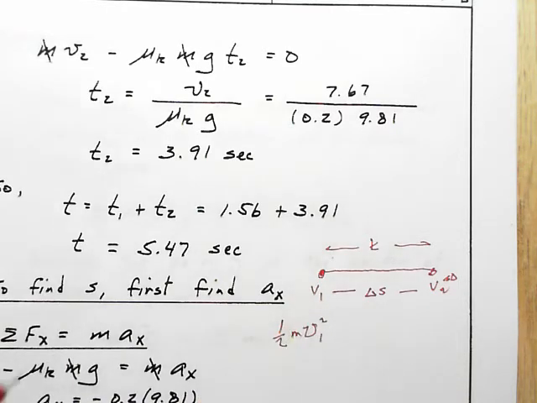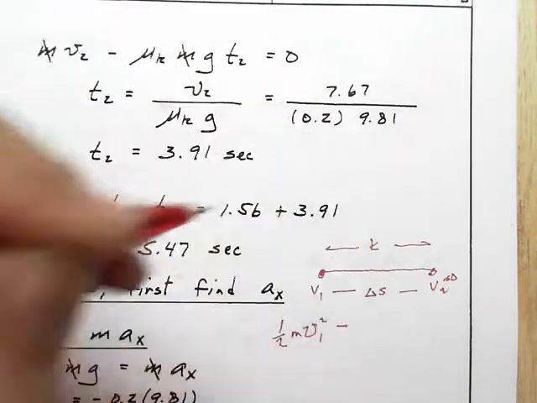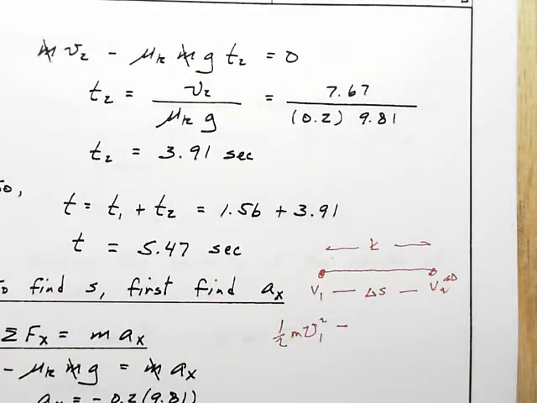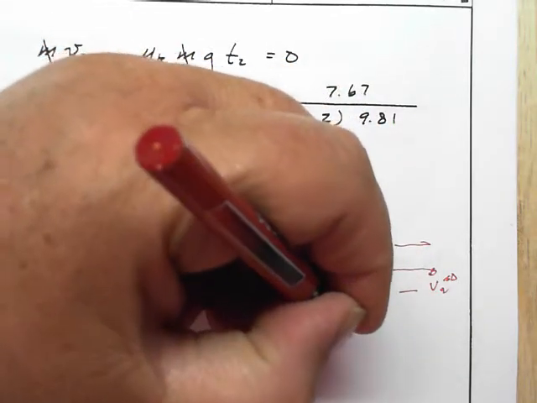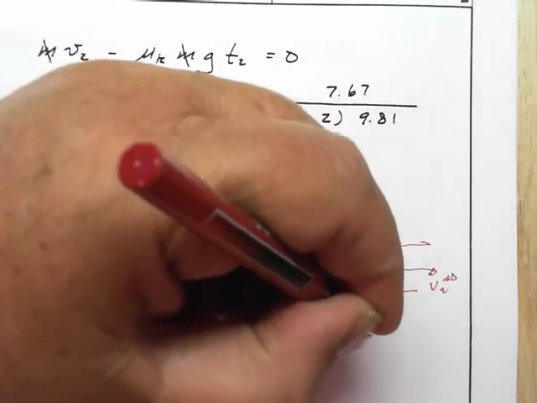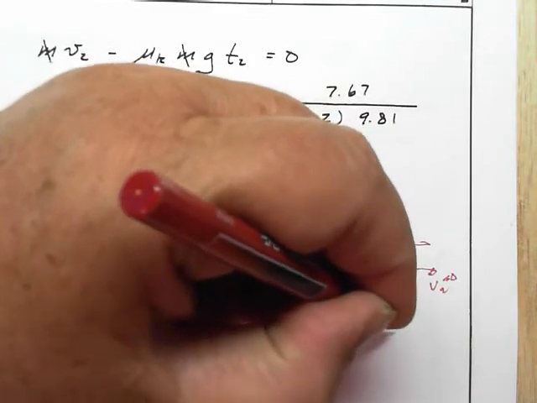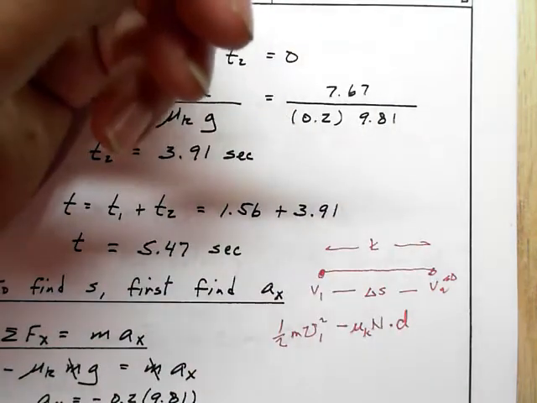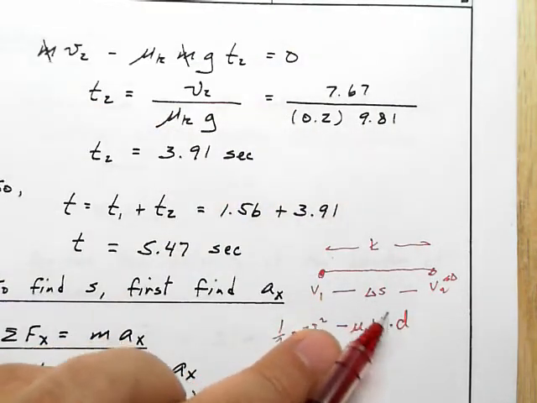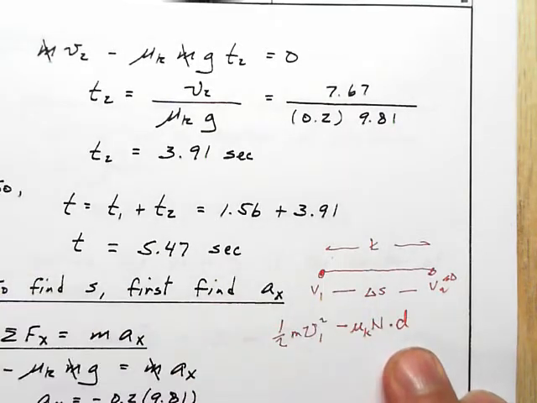It slows me down. So I'm going to have minus a work term, and it's a constant force acting through a distance, and that force is mu k times n, which I know. That's the force. The work done by that force is the distance d, or delta s. Maybe I should have called it delta s.